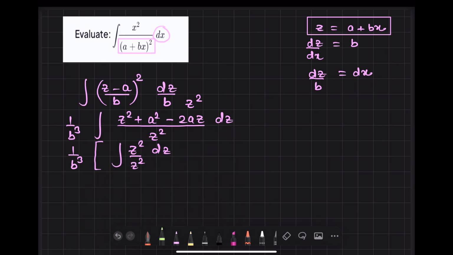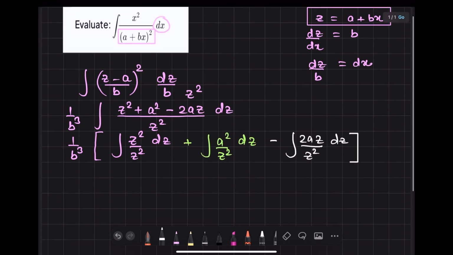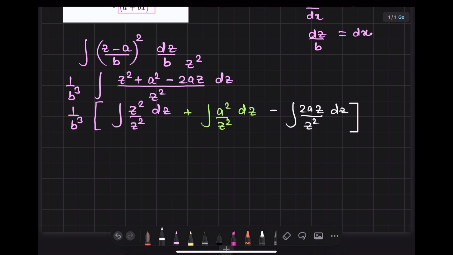Now, we have plus integration of a square by z square dz, minus 2az by z square dz. Okay, we have to put everything in the bracket so that we can do the proper simplification.